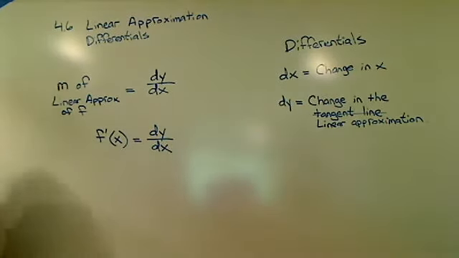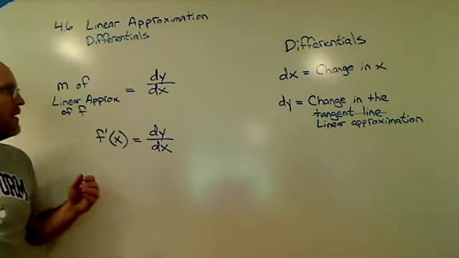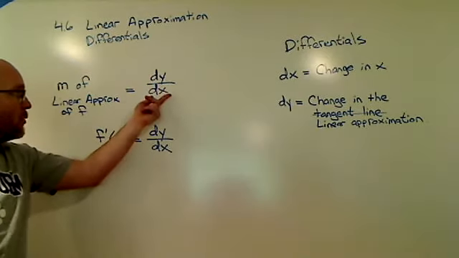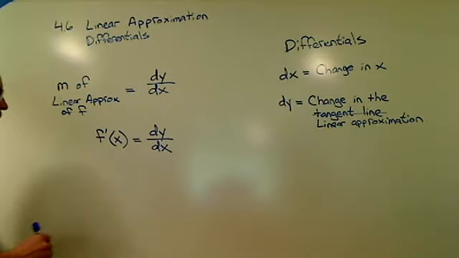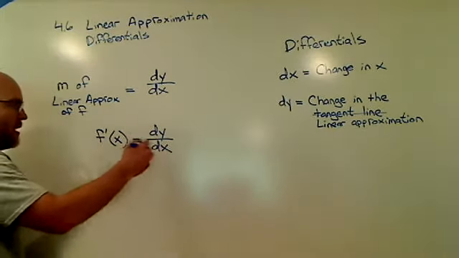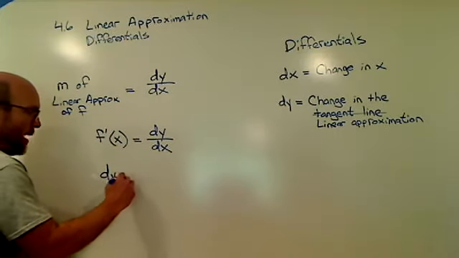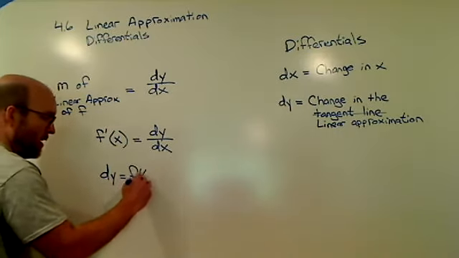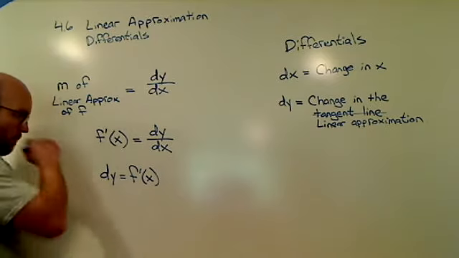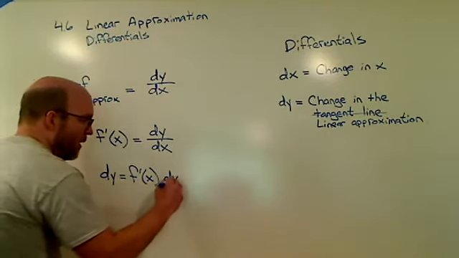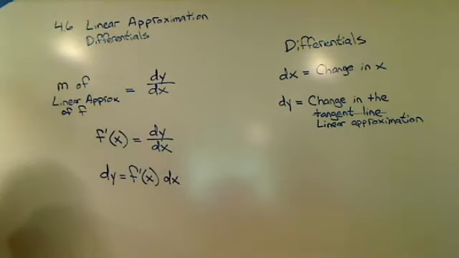Okay. So I know it seems like right now all I've done is say, well, the two notations are the same. But if you realize that in certain contexts, at least, that is not notation, these are actual values, then you can do just a little bit of algebra here, multiply both sides by dx, and you find that the differential y is always equal to the derivative of the function evaluated at the x value that you're dealing with times the change in x.